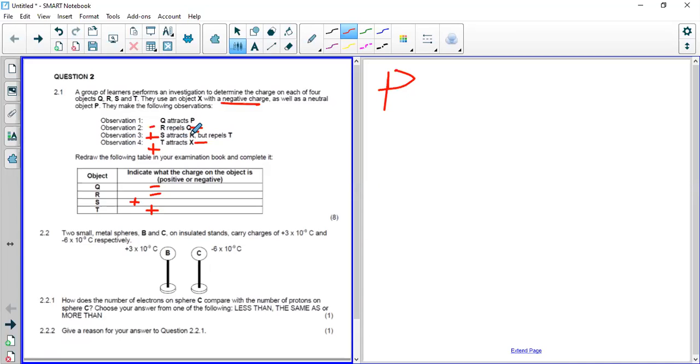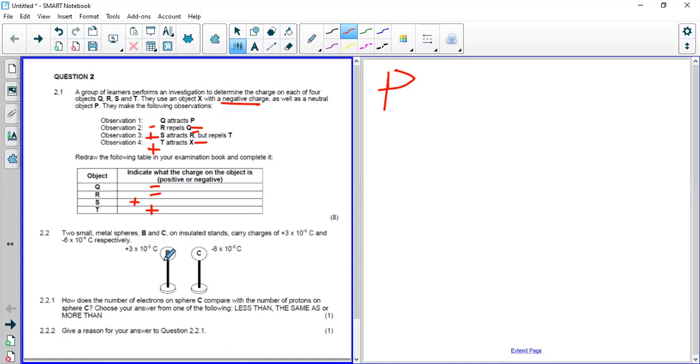Then you go to observation number 2. R repels Q. So if R is negative, repulsion means same charge. So it means R and Q have the same charge, which is negative. Then we have answered the question there. Right? Are we clear on this one?